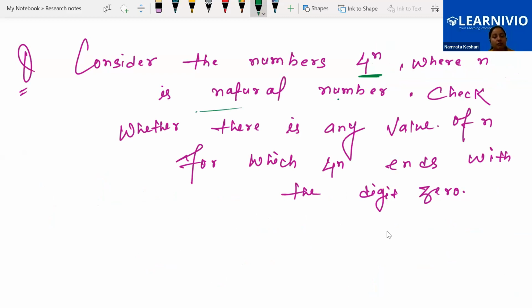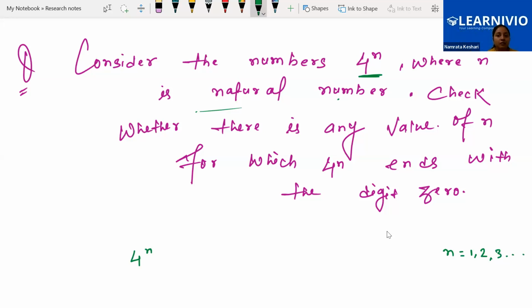We know all the counting numbers which start from 1 are natural numbers. It can be 4 to the power 1, 4 to the power 2, 4 to the power 3, 4 to the power 4, or 4 to the power any natural number. Any natural number can be the exponent of 4.